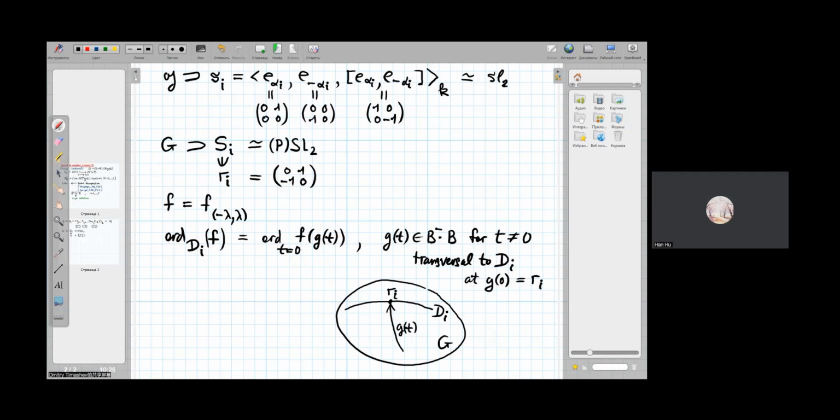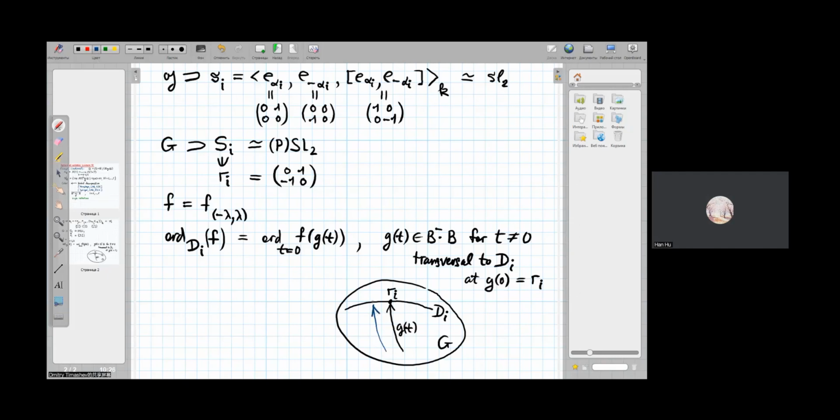Clearly, this is true if g of t were a general curve transversal to this divisor. But since this curve g of t meets this divisor at a point in the open Borel orbit, and the function whose vanishing order we are computing is B minus cross B semi-invariant, the vanishing order at this point will be the same as the vanishing order at any other point of the curve shifted by the action of the Borel subgroup.